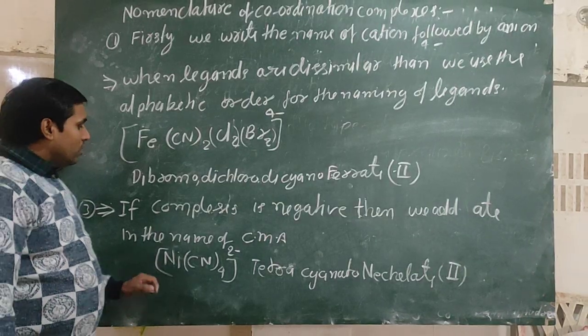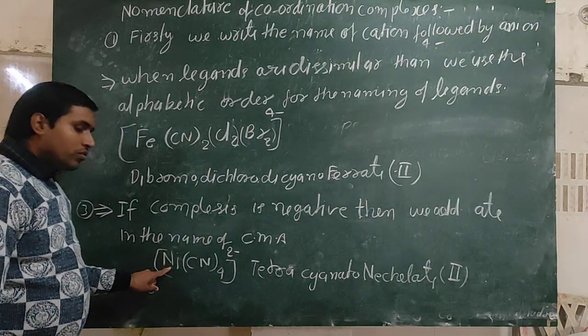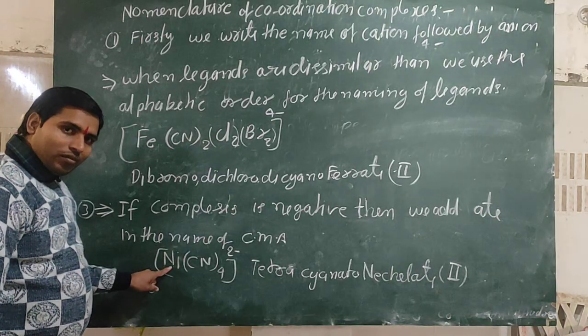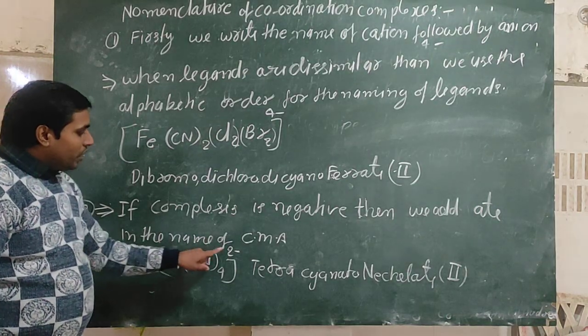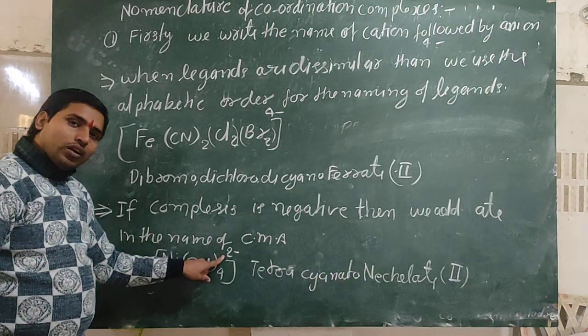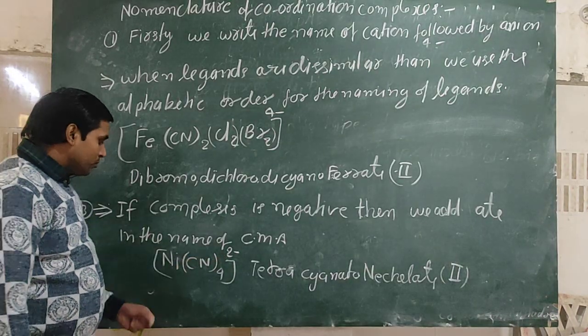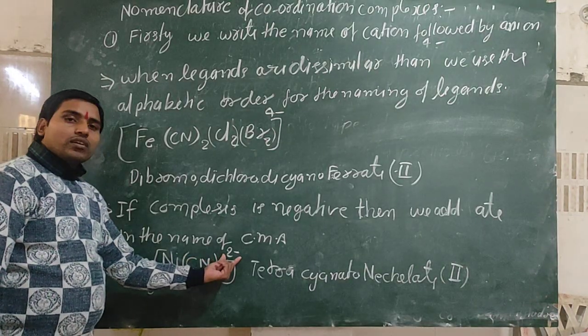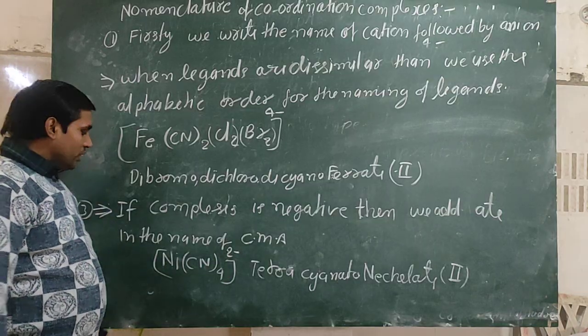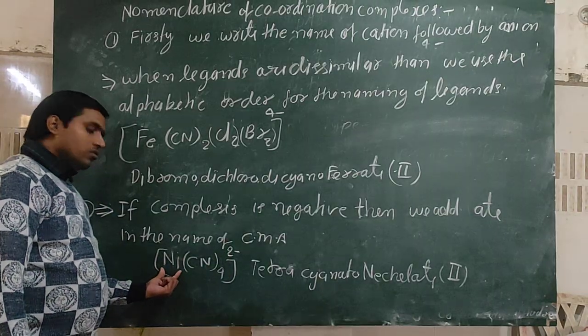It means that we change the name of the central metal atom if it contains a negative charge on the coordination sphere. But if the coordination sphere is neutral, then there is no change.